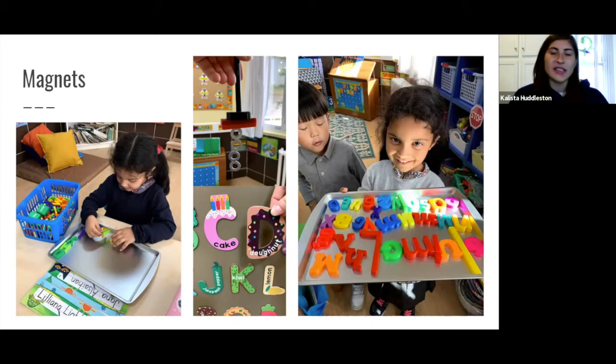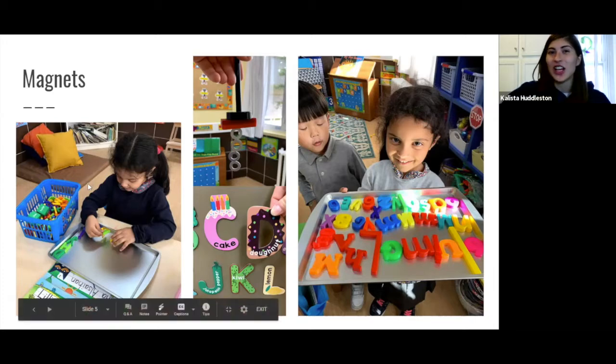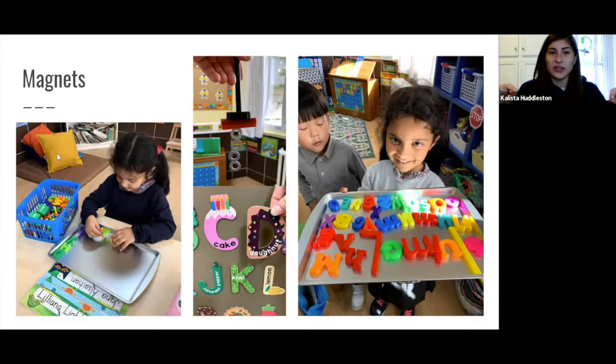Let's take a look at some different magnets in these pictures. You might see some people you recognize. So, over here we have Jana looking at some magnets, and look at what she is doing. She has a magnet, the metal board under, and she's putting the magnetic letters on top so that when she picks it up, which you can see in this picture over here, they will still stick.